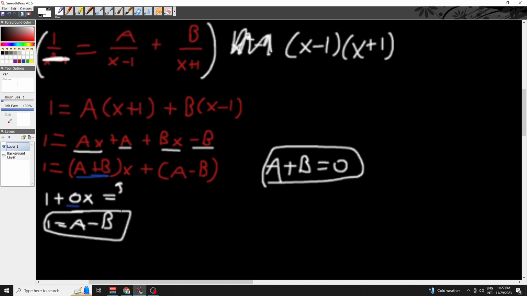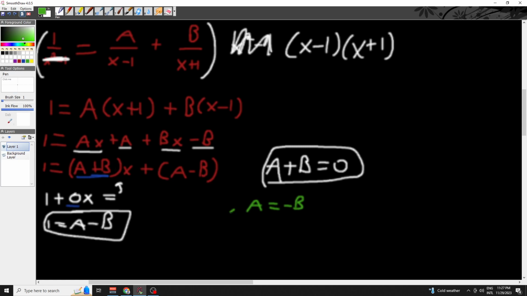We can now figure out what a and b are. So to start out, I'm going to start by solving for a. I'm going to make a new color for this actually. Let's pick green. I'm going to make a equal to negative b from this equation right here.